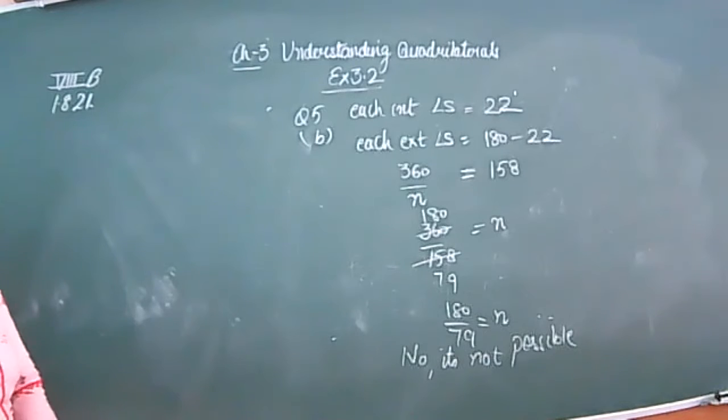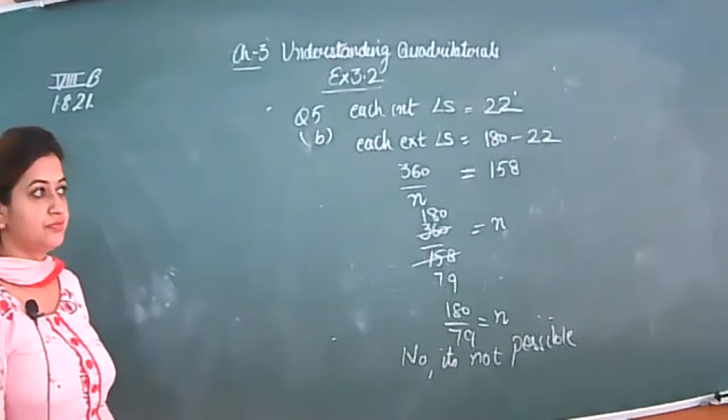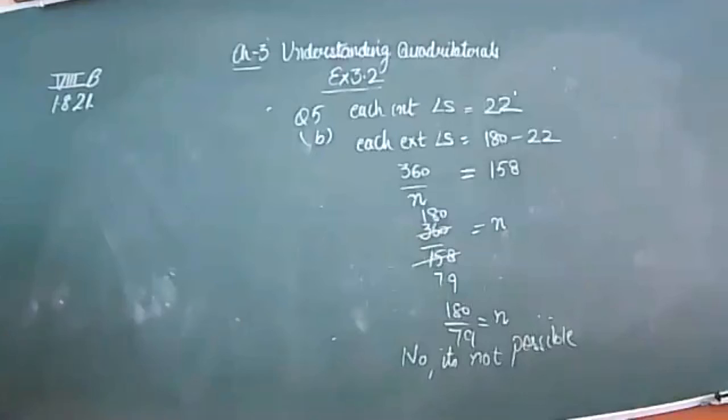Read out question number 6. Read out and think for the answer. What is the minimum sided polygon? What is the regular polygon with the minimum number of sides?